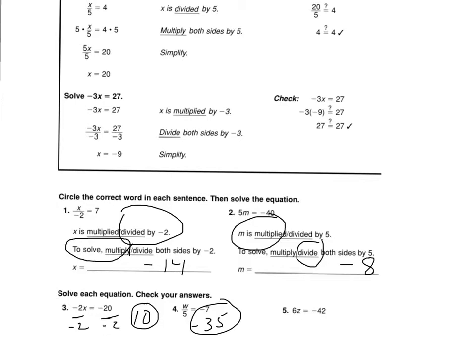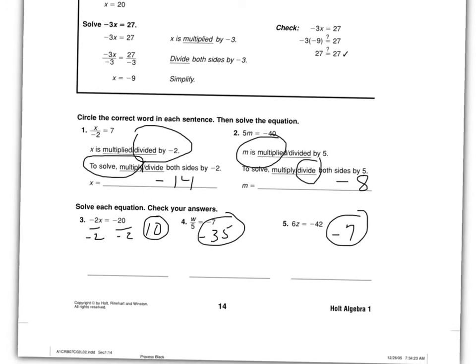If we divide both sides by 6, that's going to give us z, and 6 goes into 42 7 times, but it's going to be a negative 7 because 6 is positive and 42 is negative.